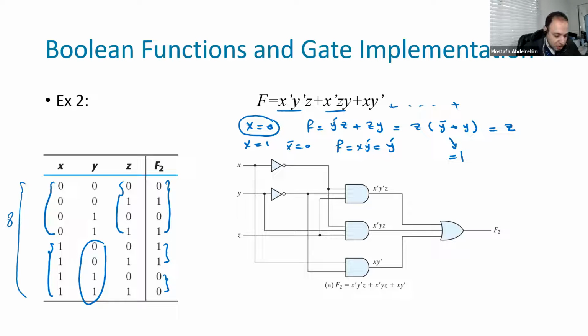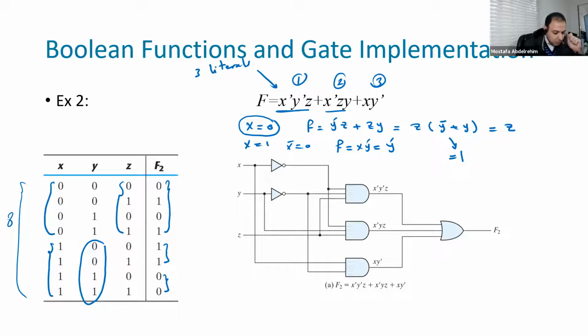Now for the implementation, we have here 3 terms. Let's remove this example I was explaining before. You have here 3 terms: number 1, number 2, number 3. The first one can be implemented using one AND gate with 3 inputs. This expression has 3 literals. We name each variable in the term a literal, and the number of literals in a term is actually the number of inputs.